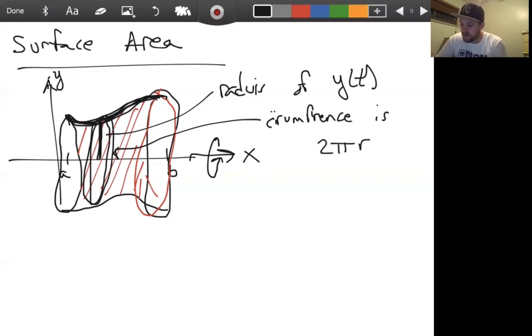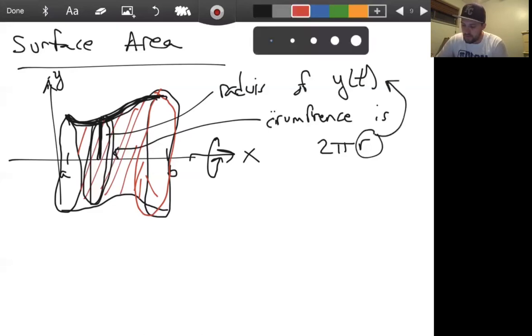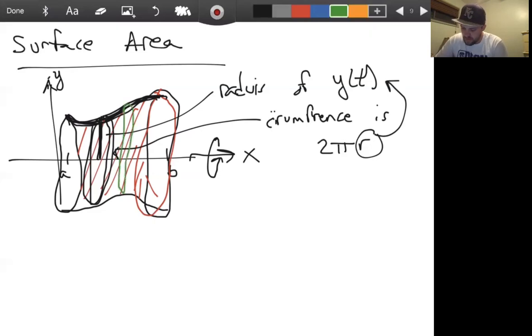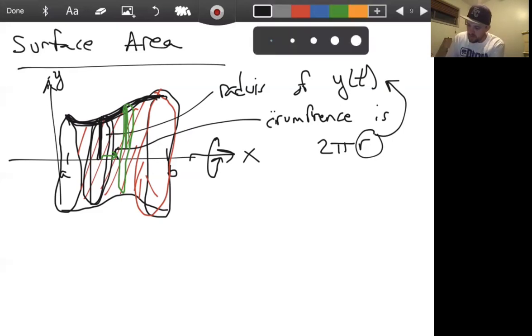But we know that r is y of t, right? r is y of t because as you change your position in the x-axis, the height of the circle is going to change, right? So the circumference is going to change. And so we have 2 pi times y of t, right?